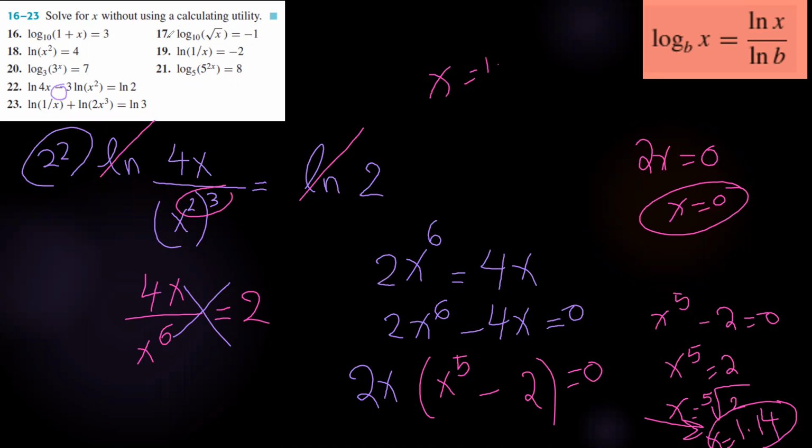So, how did I know? I checked this number first. In number 22, I will say ln 4 times 1.14 minus 3 times ln 1.14 squared. Is it equal to ln 2? Did you know how to check the equation?